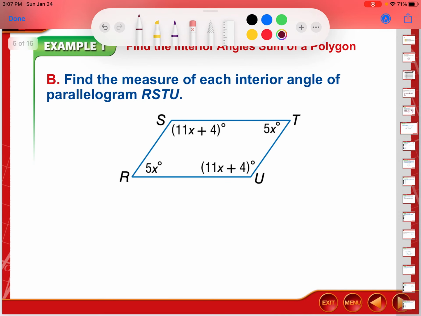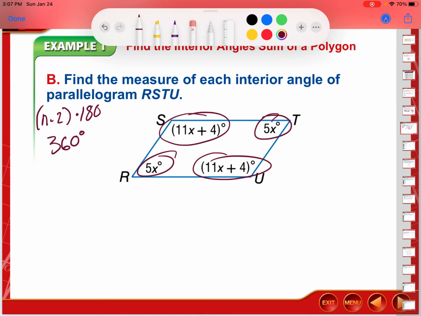So find the measurement of each interior angle of the parallelogram RSTU. So first things first, we would do our n minus 2 times 180. And 4 sides, minus 2 is 2. 2 times 180 is 360. Then we have to add every single one of these interior angles up since they all have the variable x in them. And we're going to set them equal to 360.